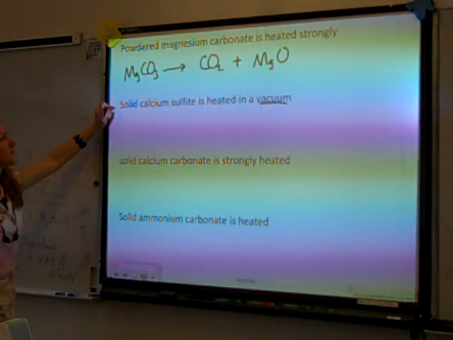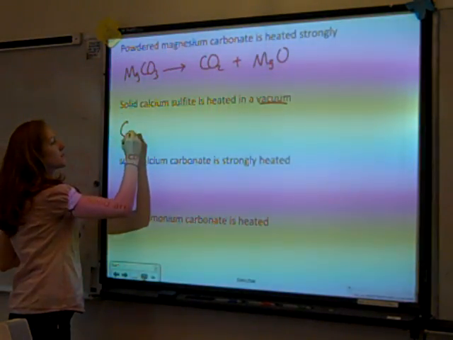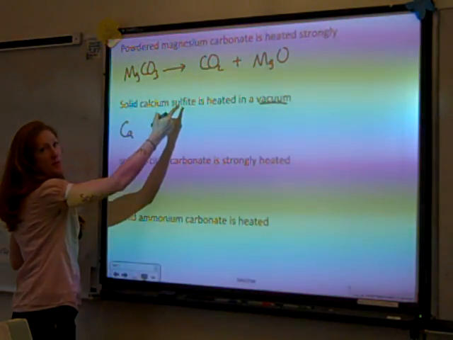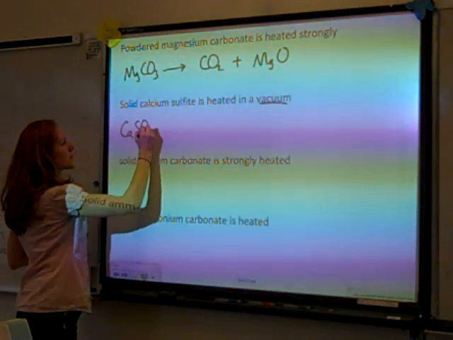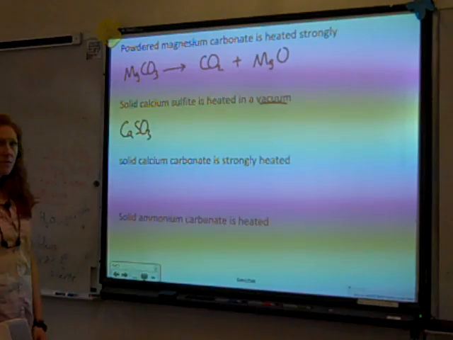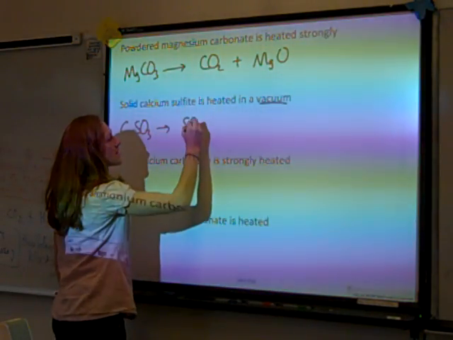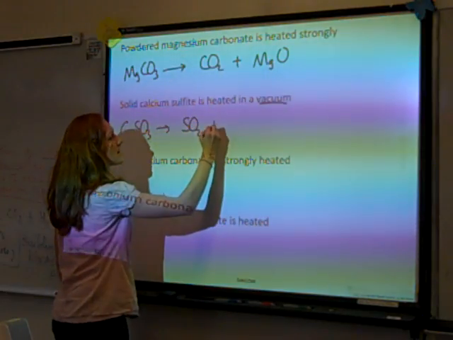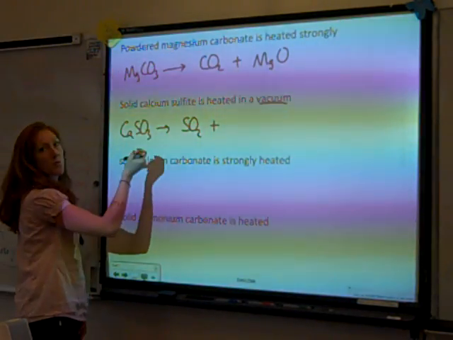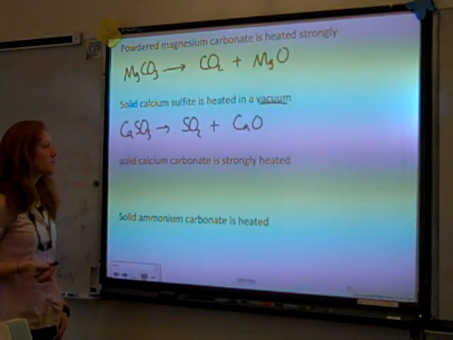Next I have solid calcium sulfite. Calcium is Ca with a 2+, sulfite is SO3 with a 2- charge, so those charges are balanced. I know when I heat this, I give off SO2 as a gas, sulfur dioxide. What I'm leaving behind is calcium and one oxygen, so CaO.